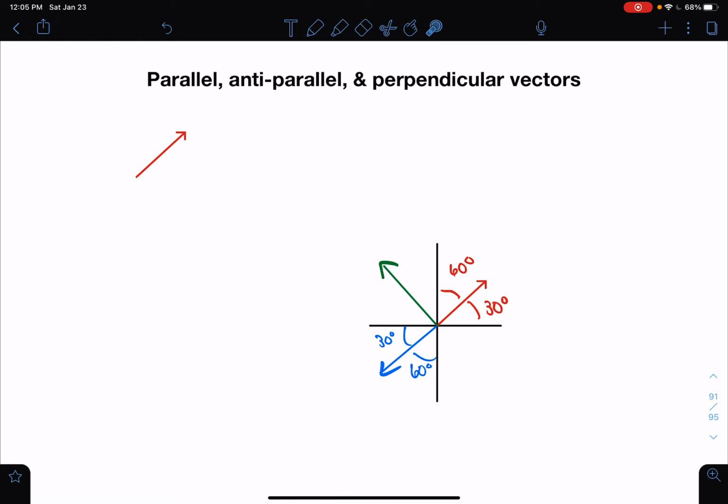Or perhaps it would be better to say the red and the blue are perpendicular to this green one. Okay, well, in that case, what does that mean? That means the angle, if I start at the green one and I go to the red one, this angle has to be 90 degrees. If I'm going from the green one to the blue one, well, this angle has to be 90 degrees.